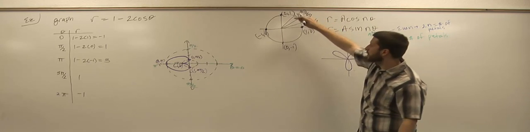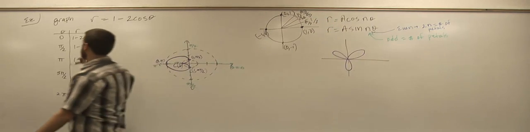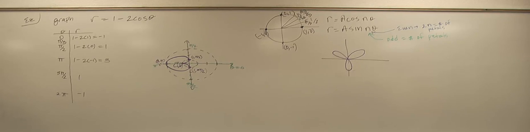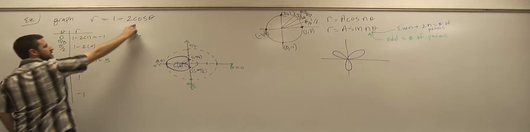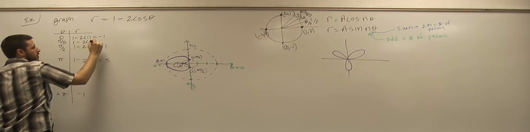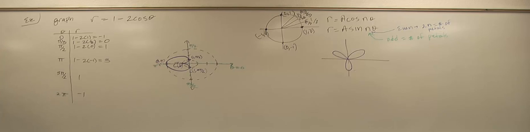Cosine is 1/2 when you're at pi over 3. So when you plug in pi over 3 here, what happens? Cosine of pi over 3 is 1/2. So r is 0.